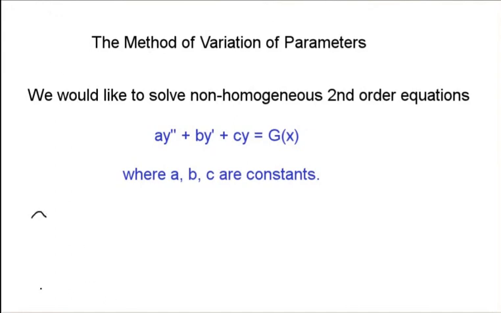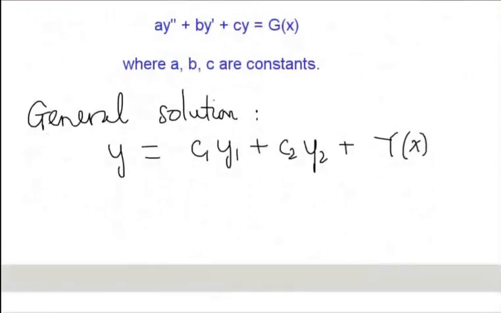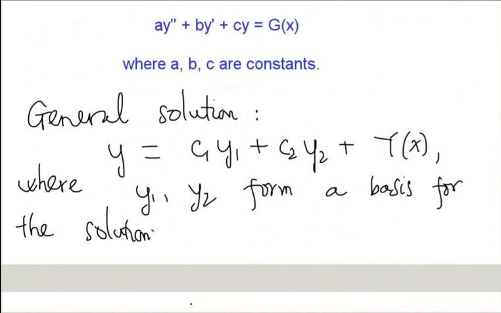Let me recall that the general solution to the above non-homogeneous equation has the following form: y equal to c1 y1 plus c2 y2 plus capital Y of x, where y1, y2 form a basis for the solutions to the corresponding homogeneous equation a y double prime plus b y prime plus c y equals 0.